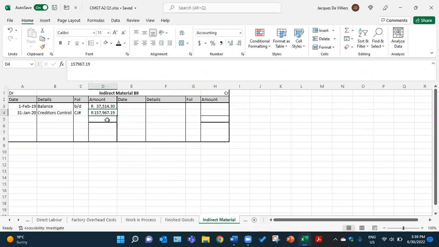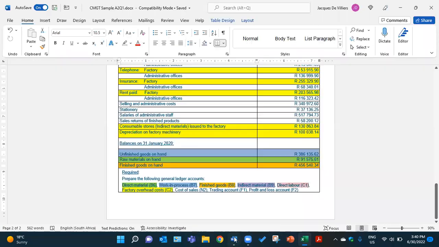The amount was given, and we can simply add it up. Okay, same amount will be recorded on the credit side of our ledger, and then on the last day of our year, we'll do something else. We will say, okay, we had factory overheads. Where did I find that? Let me just show you that again.